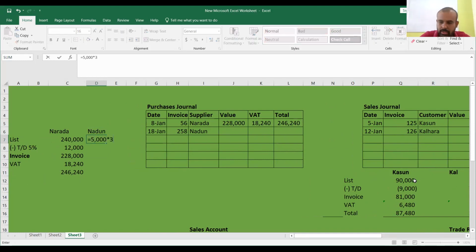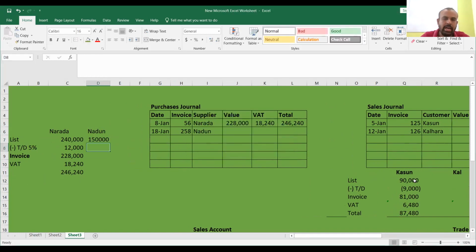5,000 into 30, it's how much? 150,000. Right? ඊළඟට මේගොල්ලන්ට අපි දෙනවා trade discount එකක් කොච්චරක්ද?